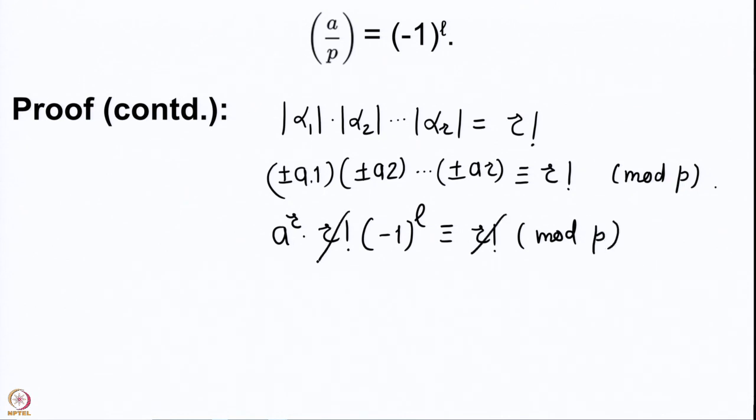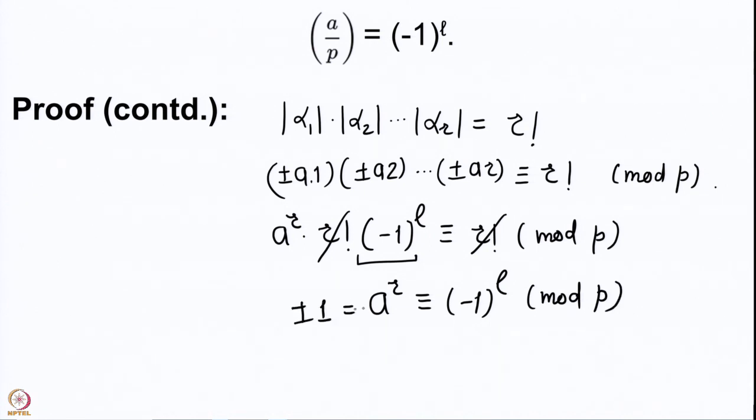These two can be cancelled because r is less than p. So, r factorial is non-zero modulo p, so you can cancel them. This is plus or minus 1, therefore, you can put it on the other side. But this is also plus minus 1. Remember r is (p minus 1) by 2.